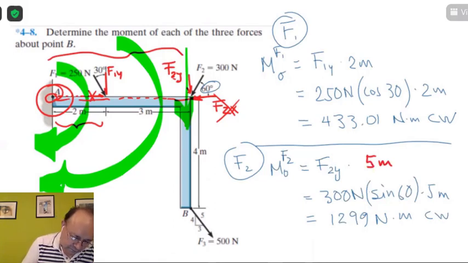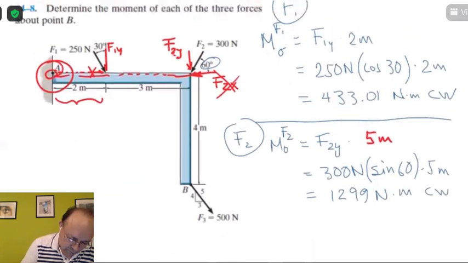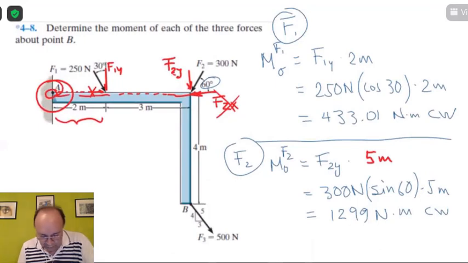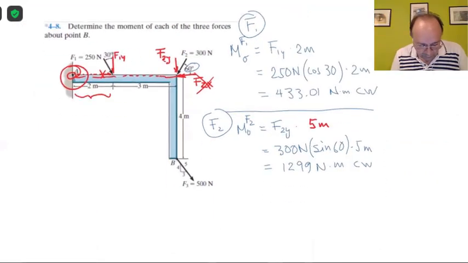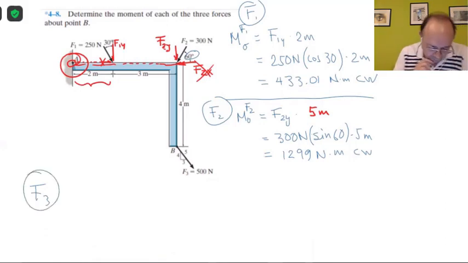Now the last force. So we can make this a little smaller so we can fit the last calculation. Let's put it here. F3. In this case, I will do the composition again.